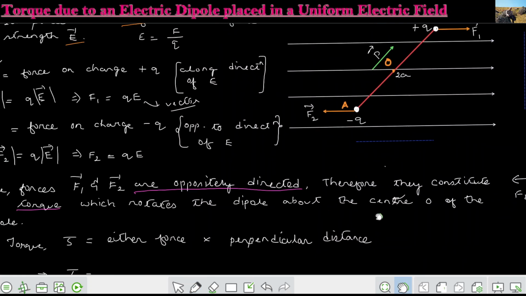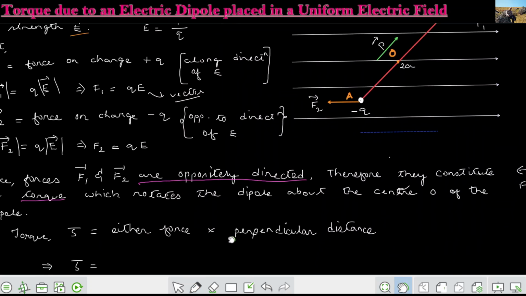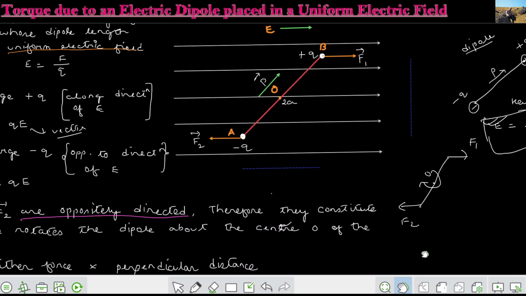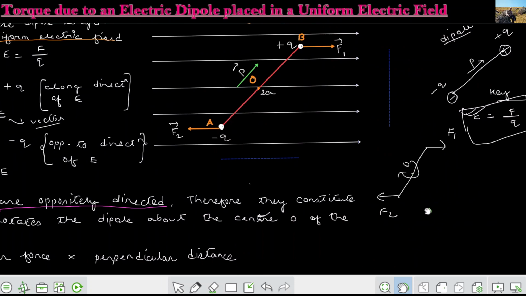The definition of torque is force into perpendicular distance. So how do we find the perpendicular distance between the forces? From this same diagram, this is the dipole, this is the force F2, and this is the force F1.